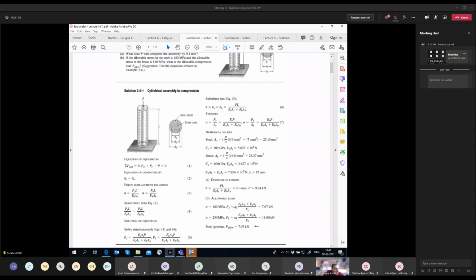Because what we do, we say the allowable stress in the steel is this amount, 180.